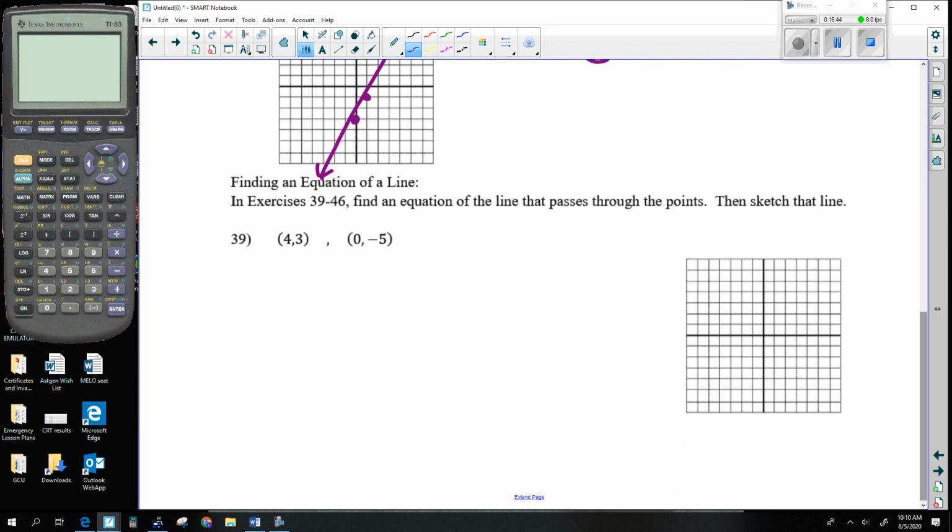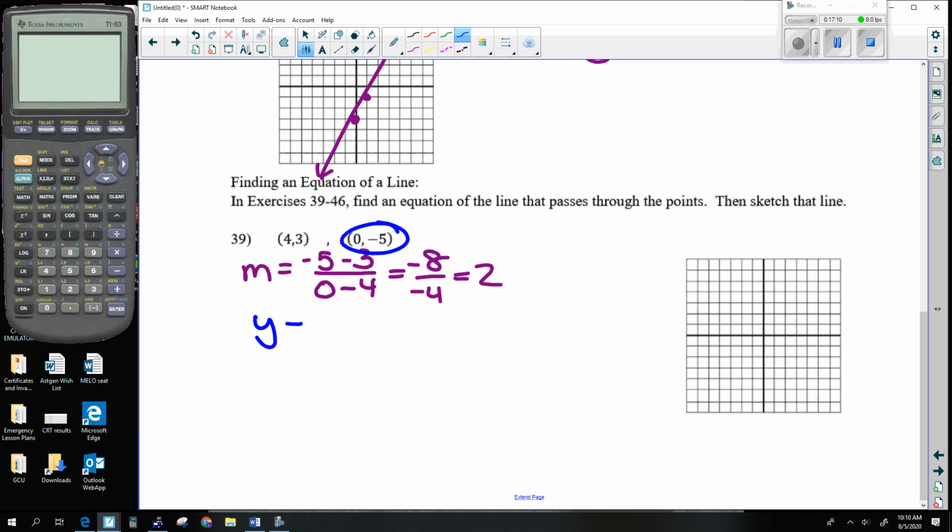Find the equation that passes through the points, sketch that line. Okay, so I do need to figure out a slope, so y2 minus y1 over x2 minus x1. And then I use the point slope form, so I'm just going to pick one of the points, it doesn't matter which one, and then y minus y1 is equal to m times x minus x1.